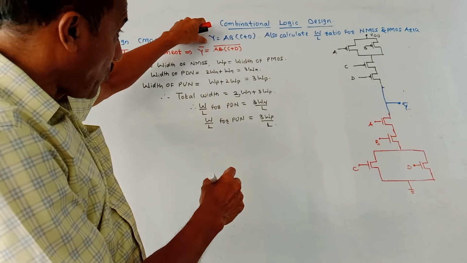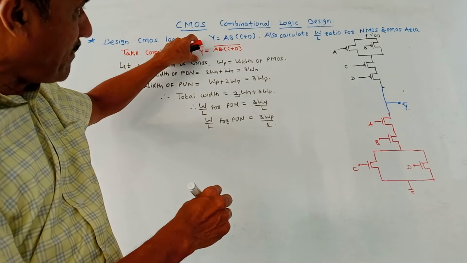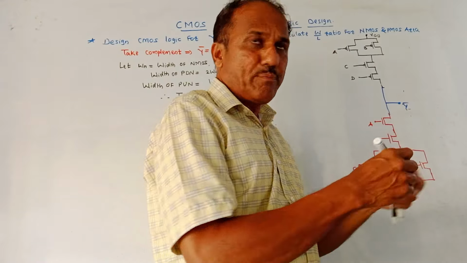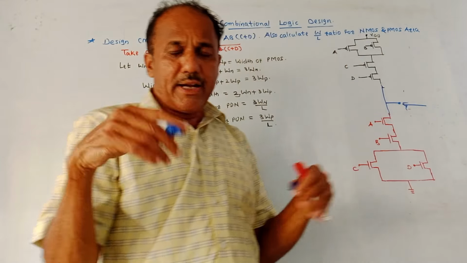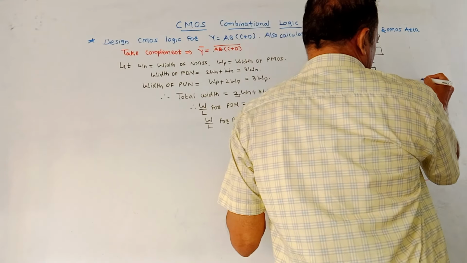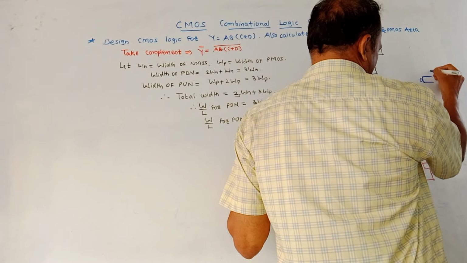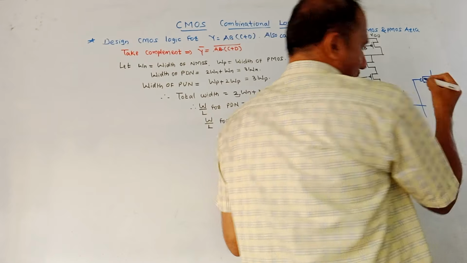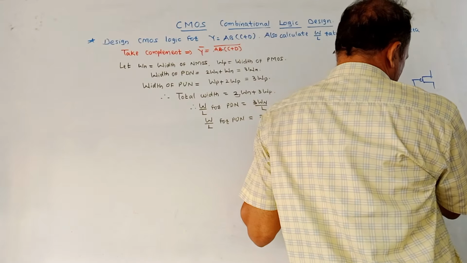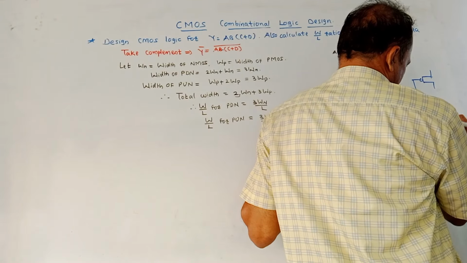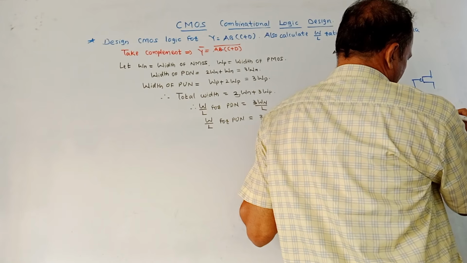But the given equation is Y. We have implemented it for Y bar. So we have to take complement of this. So at the output, we have to make use of an inverter circuit that is designed using P MOSFET and N MOSFET. So I have drawn a P MOSFET. I have to perform inverting action, so I will be using one more N MOSFET.